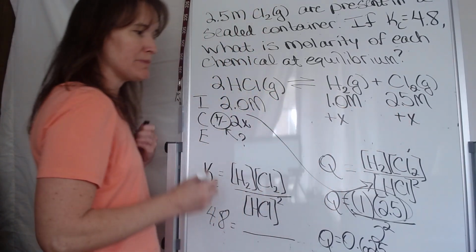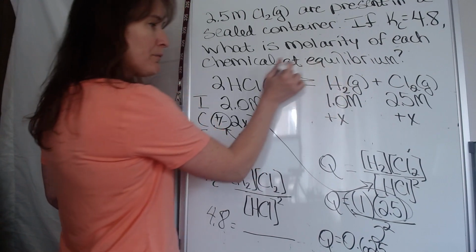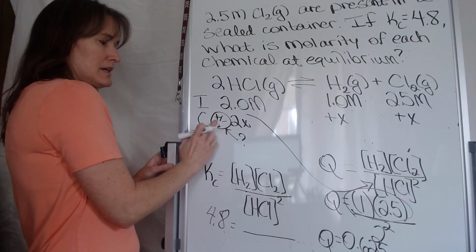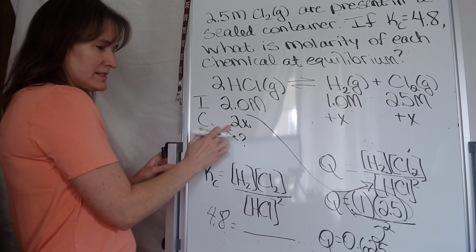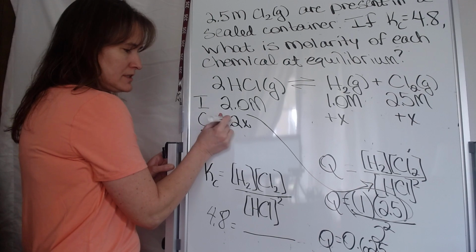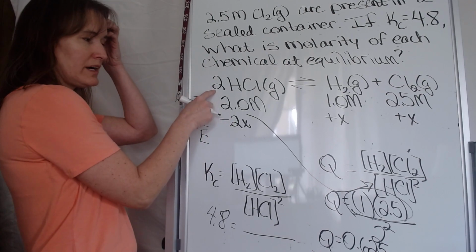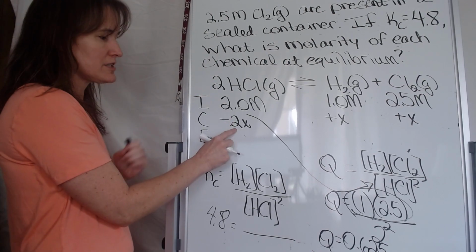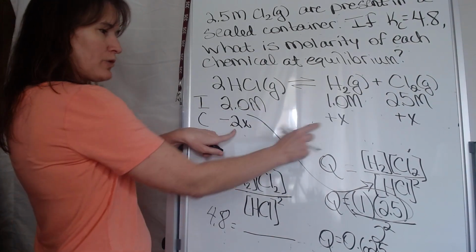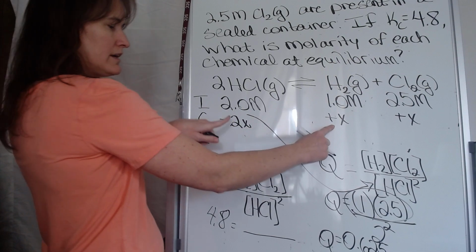So both of those need to be add. On the opposite side of the arrow, the opposite thing happens. And so my reactant, I now know that it needs to be smaller, so it's going to be minus. It's 2x because my coefficient is 2. So my ratio is x to x to x. It's going to be twice as big because it's a 2 versus a 1, a 2 versus a 1.